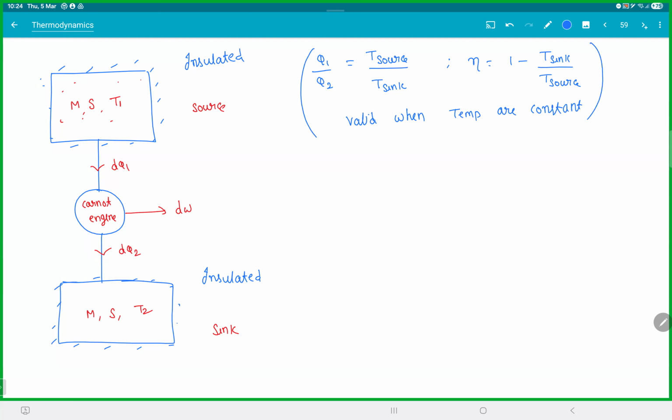So what we do here is, after time t, let the temperatures be T1 and T2. In small time dt, since the time is very small, we can assume the temperatures are almost constant.